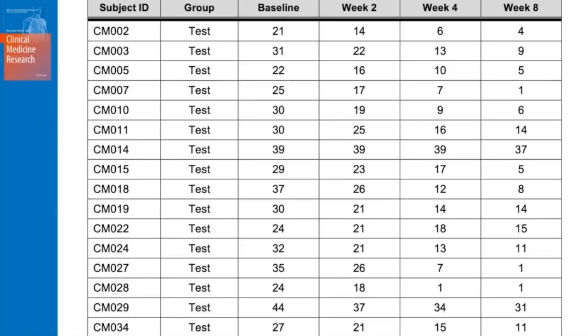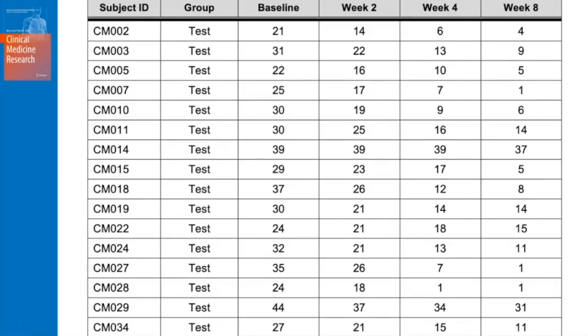This is the table in the test group. As you can see, there is no missing data, which is very consistent with what is written in the text. We also have different data from one time point to the other, always decreasing of course, but still we have some different results.